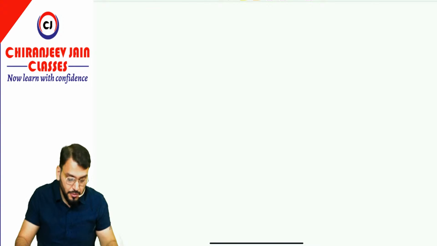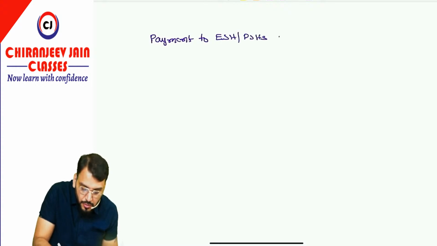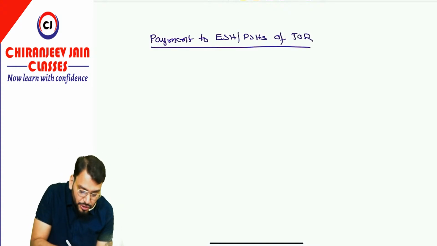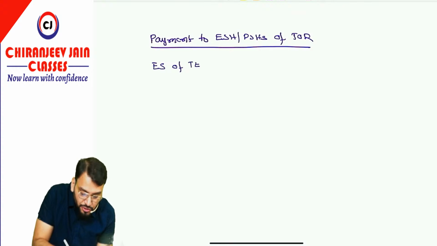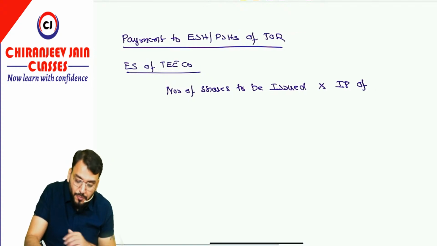Whenever you are calculating payment to equity shareholders or preference shareholders of the transferor company, in the form of either equity shares or preference shares, so in the form of equity shares of the transferee company, what we want first is the number of shares to be issued multiplied by the issue price of the transferee company.